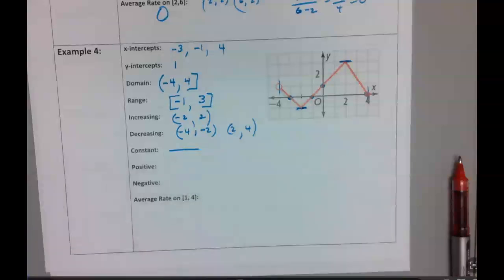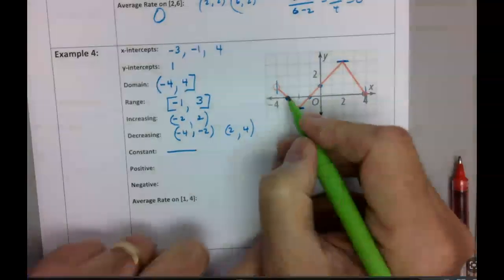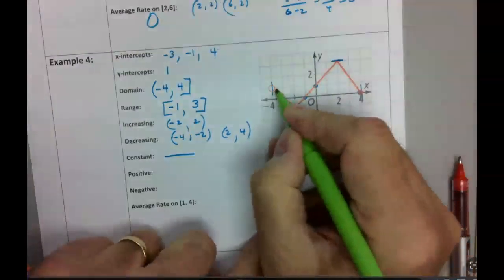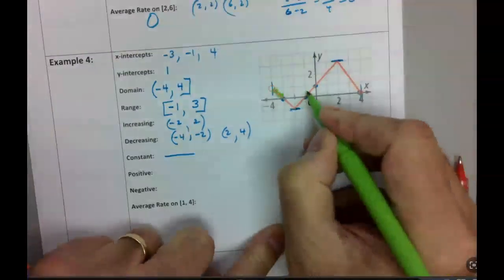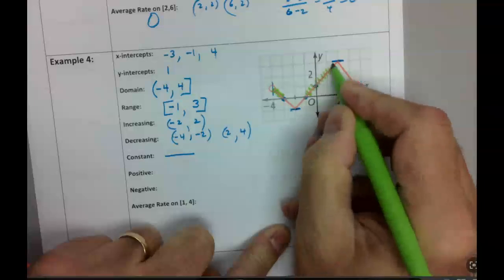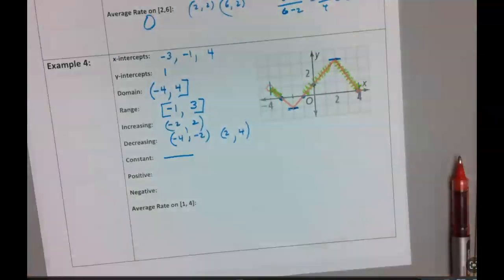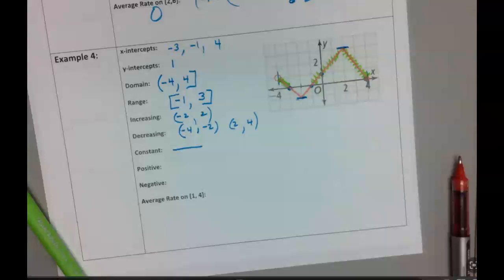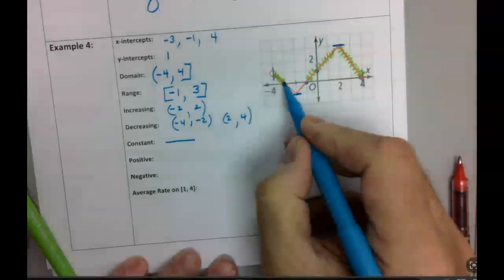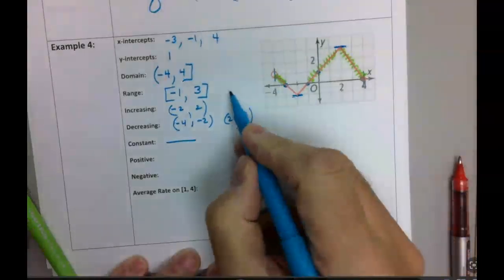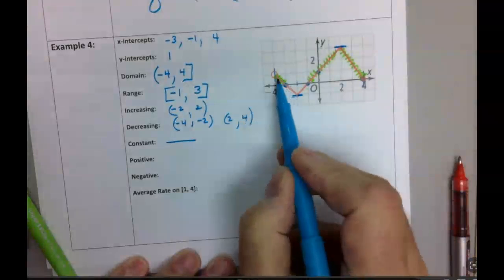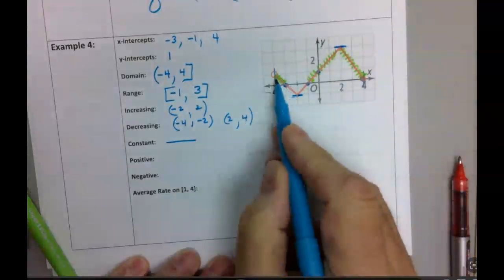This one's going to be a little more difficult. So positive here, here, and here also. So you end up, when you use positive values, you're always going to use those x-intercepts. Okay. So it's positive from negative infinity. Whoops. It would be positive from negative 4, right?